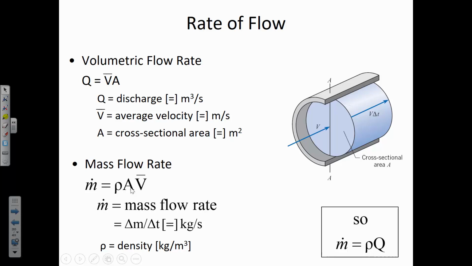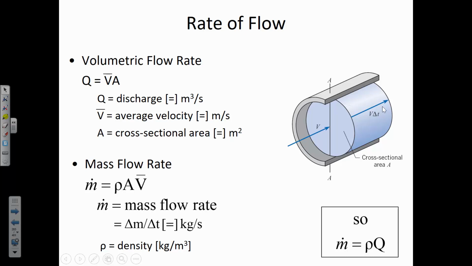And so when we multiply the density by the volumetric flow rate, the mass flow rate will turn into mass per time. So it would be kilograms per second, or slugs per second in traditional units. In other words, you can convert between mass flow rate and volumetric flow rate by simply multiplying the density by the volumetric flow rate.